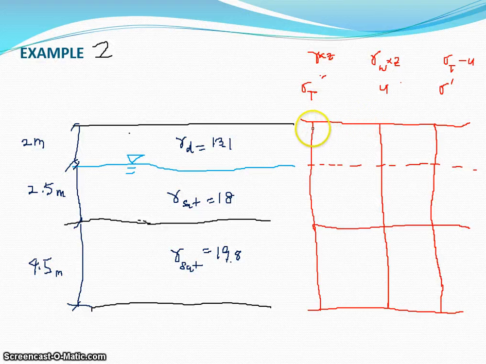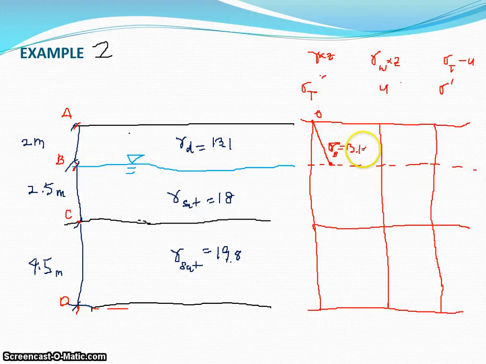Let's assume this is a straight line. First we start with notation. The ground surface is A, this level is noted as B, this one as C, and this one you can follow the question or just label D. The stresses we are interested in are those at these levels. Let's calculate for A: it is 0. For B, the stress is 13 times 2.